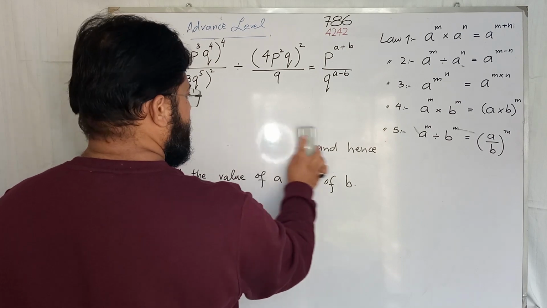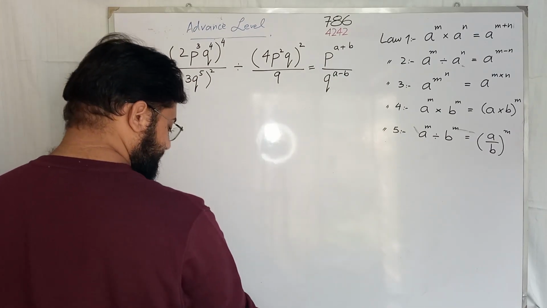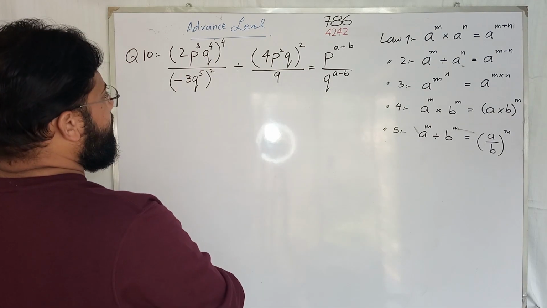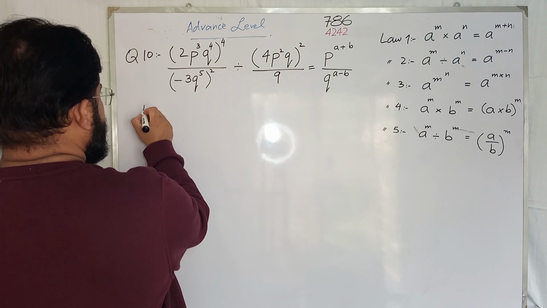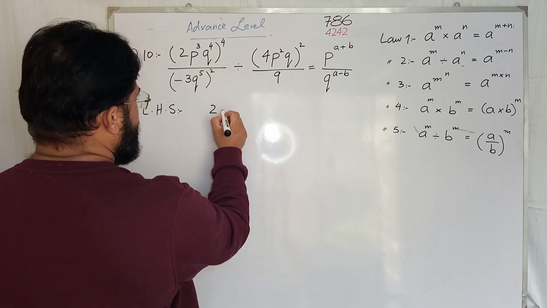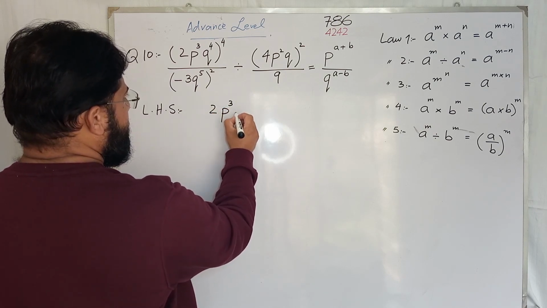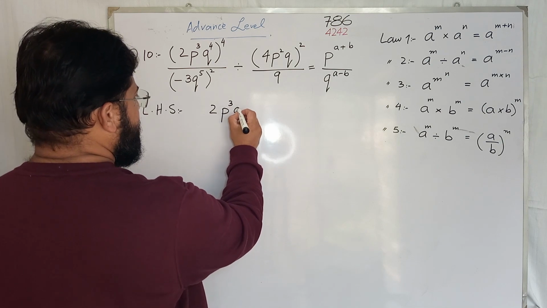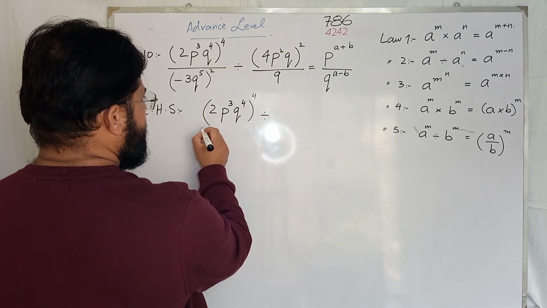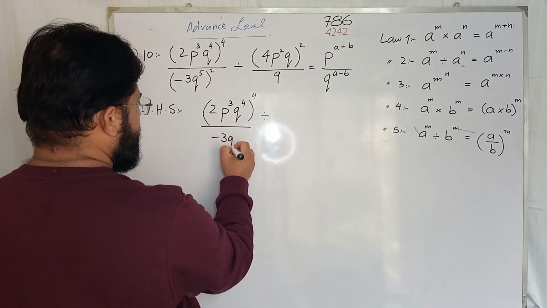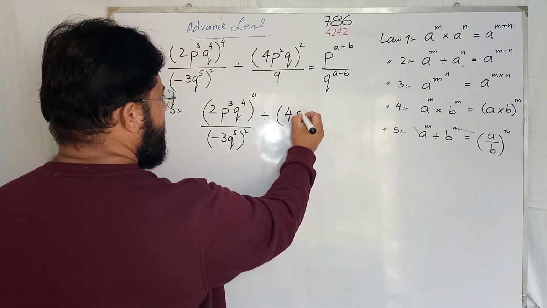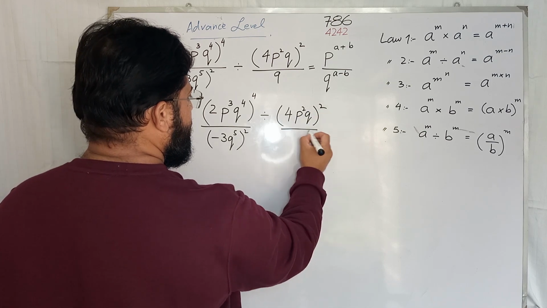Starting from the left hand side of the equation, it says (2p³q⁴). So left hand side, I am going to start it from left hand side. (p²q)² over 9.